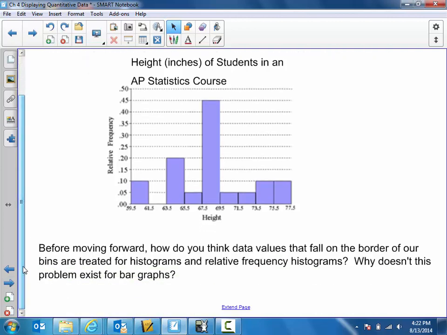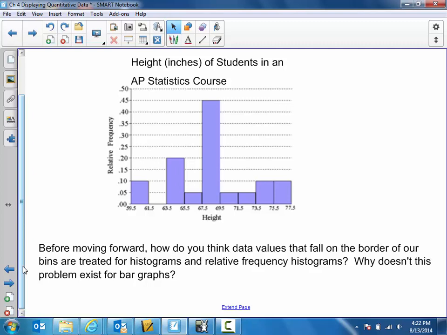Okay, so we've got heights represented here. Let's see what this question is below. It says, before moving forward, how do you think data values that fall on the border of our bins are treated for histograms and relative frequency histograms? Why doesn't this problem exist for bar graphs?